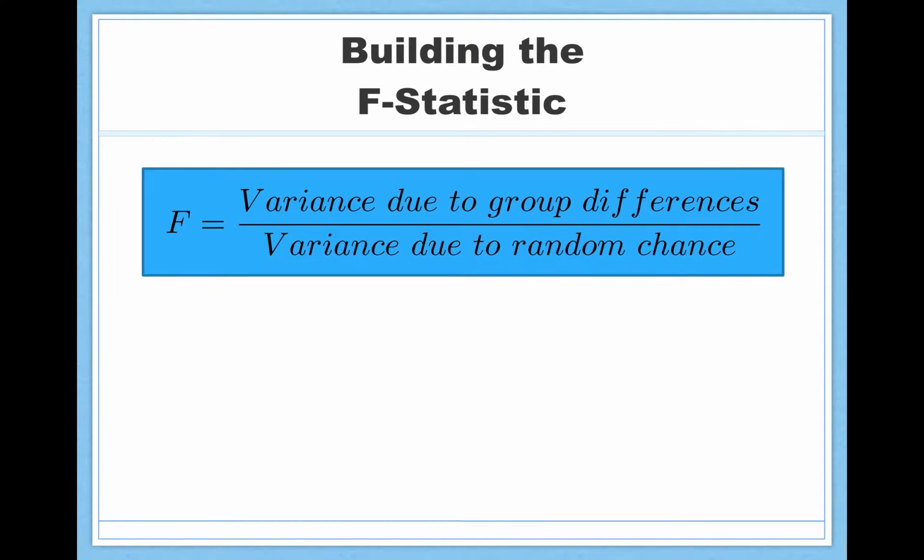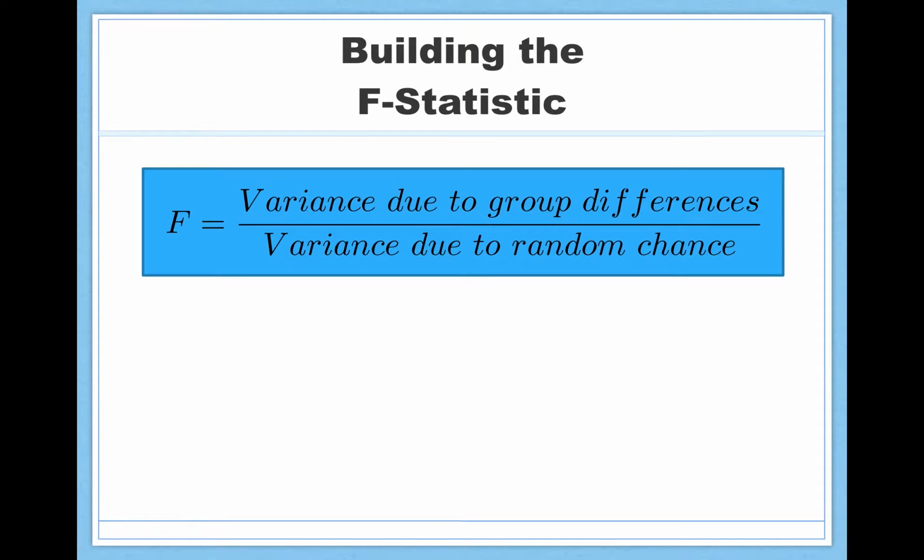Does the average, for example, of whatever you're looking at vary significantly between one group and the next? That's what we want to know. Now, we have to control for something, though. We have to divide by something to see if whatever differences between groups we're seeing are really meaningful. And that's where we get this little not really helpful term here, variance due to random chance. Now, this is what we're controlling for, and I'm going to break that down a little bit.